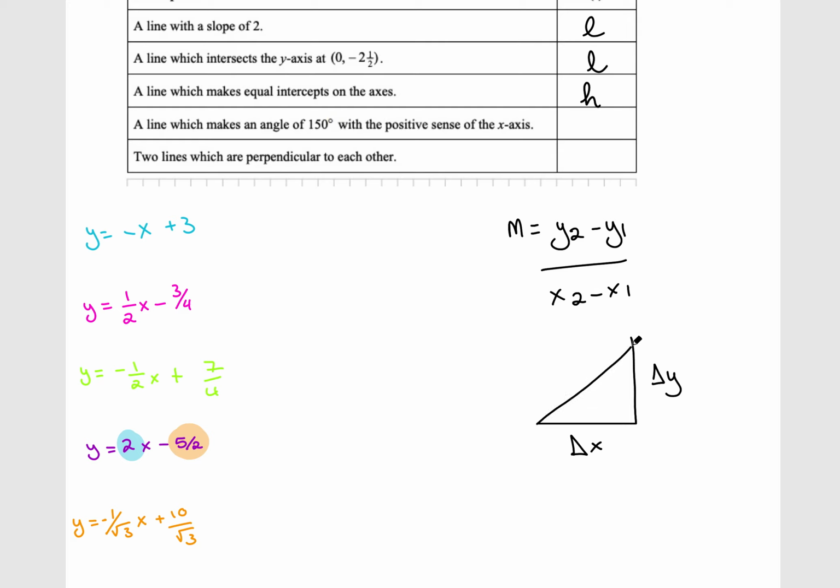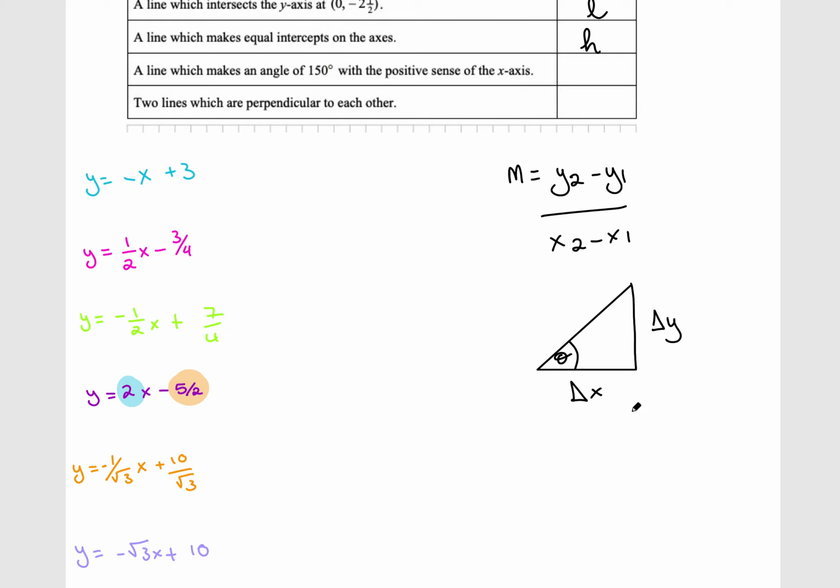And if we were looking for the angle that that line makes, we'd be looking for the opposite over the adjacent. So what we're really looking for is tan of the angle. So tan of the angle is equal to the slope.